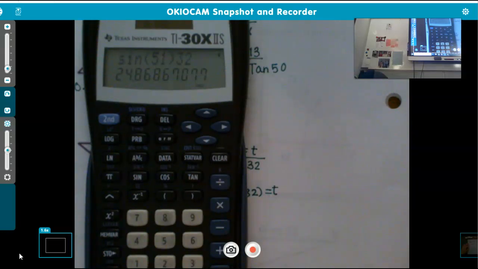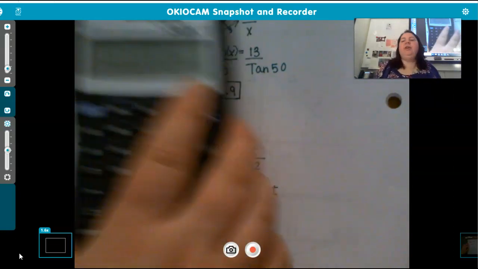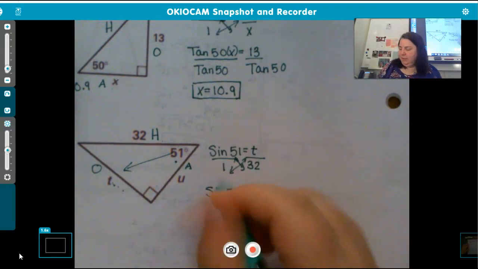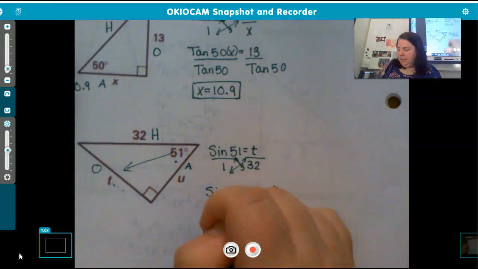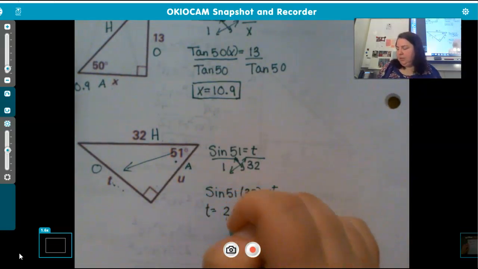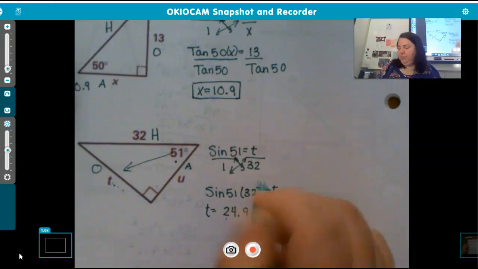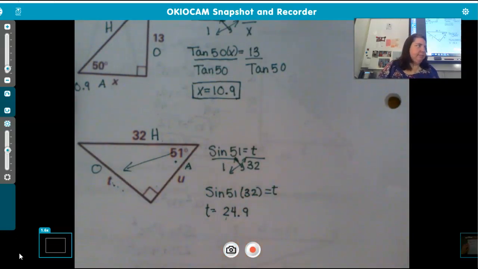So we're entering sine of 51, close our parentheses, and then we're going to put 32. There you go. If I'm rounding to the first decimal place, what am I? Very good, 24.9. So T equals 24.9.